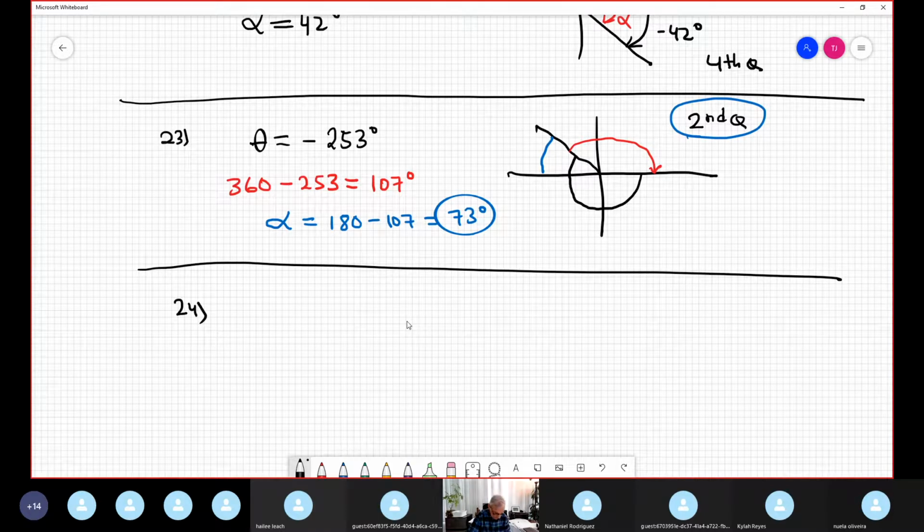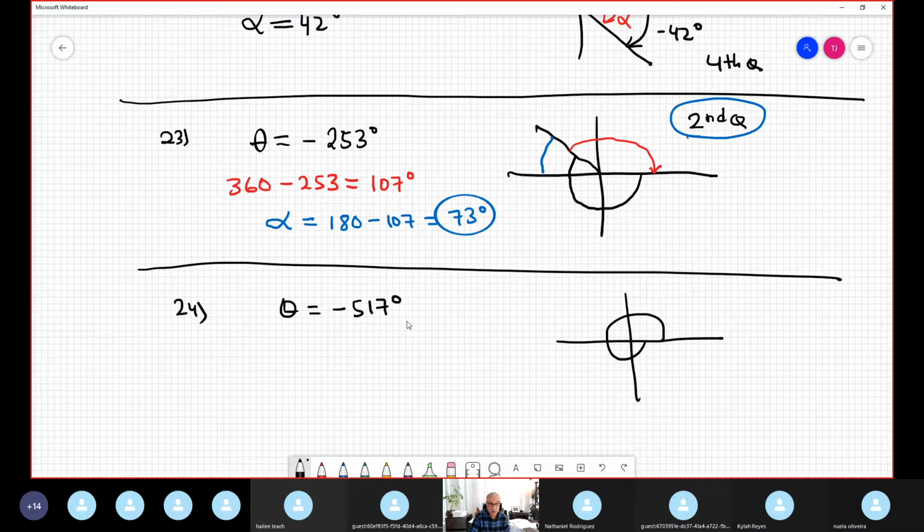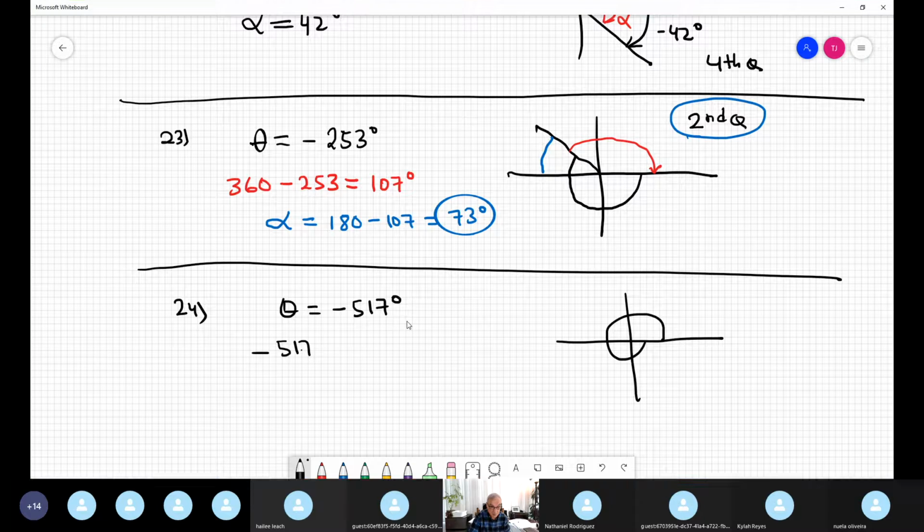24. 24 is theta equal to negative... Wow. I like the negatives when they did this package. Okay, this is you subtracting 360, because it's again clockwise. This is 360. So you're subtracting this number. Actually, it's plus 360, no?